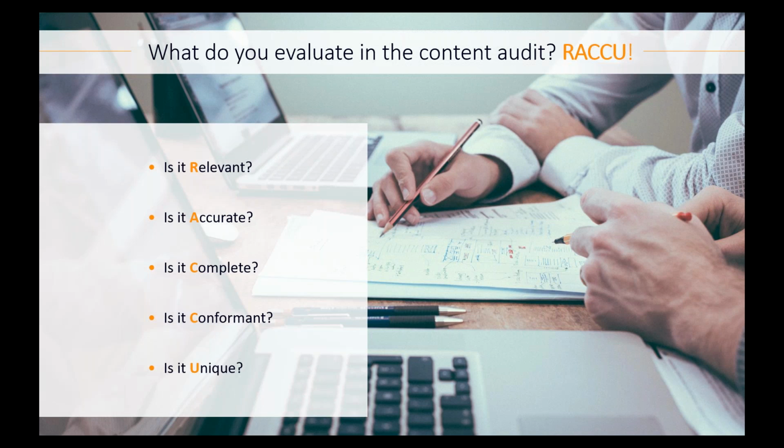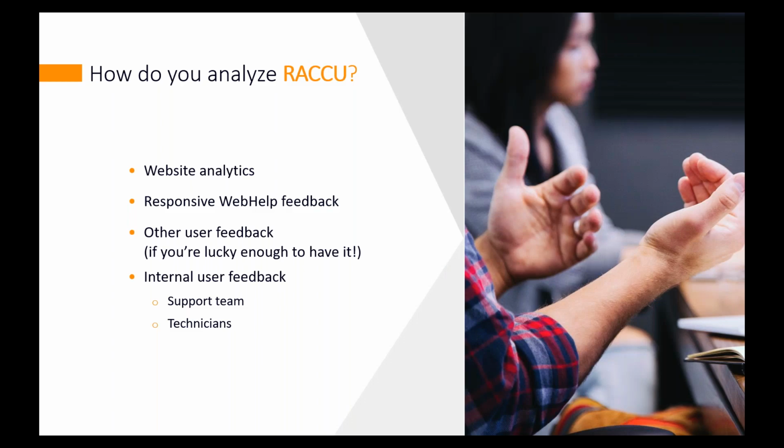If the answer to any of these questions is no, then you need to decide what action to take on the item. So Leigh, how can you determine these RACU criteria, especially the fuzzy ones like relevance? Relevance is the most tricky because it is more of a qualitative judgment. If you're analyzing website or responsive web help content, hopefully you have the capability to run analytics.